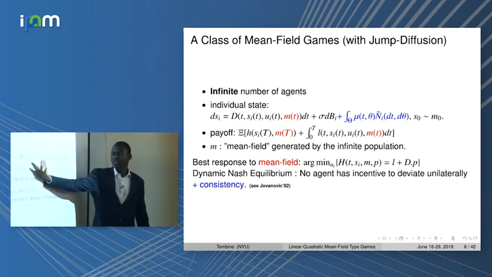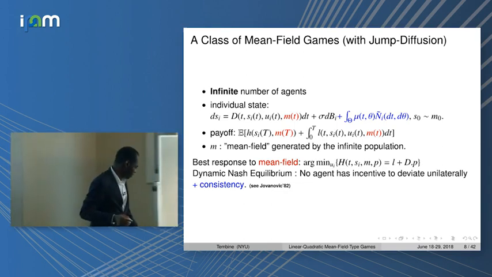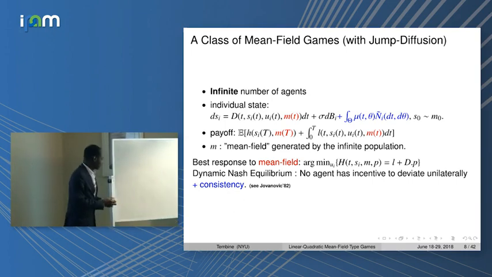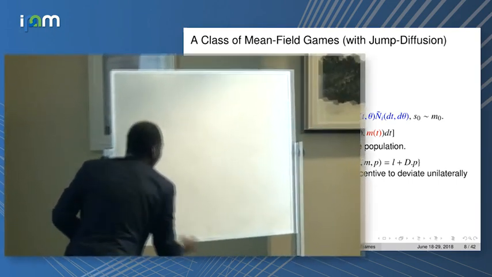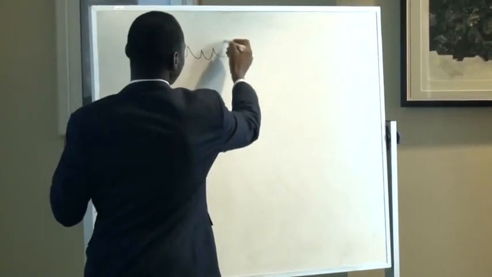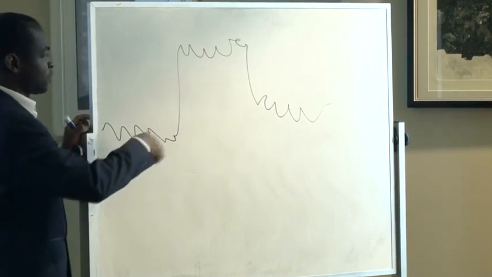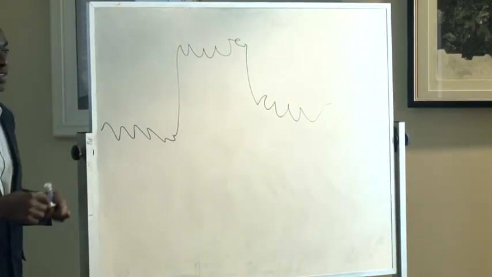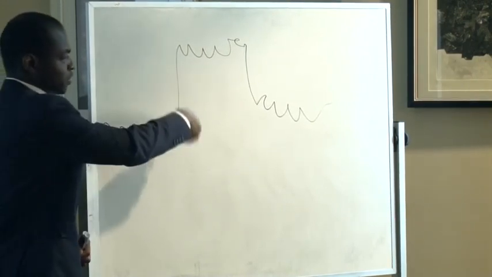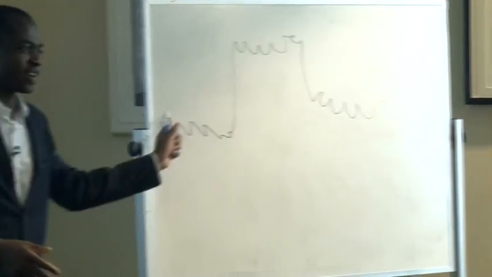And then there is a jump term, so Poisson jumps. Why do I consider jumps? The reason is this. If you want to model things like this, you have seen several behaviors like this. For example, in markets, the price jumps. If you stay at Wall Street for just half an hour, you will realize that.